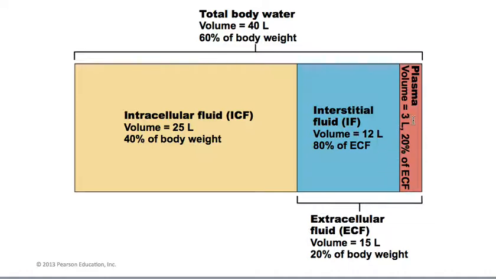And then the other source, which is in red, is the fluid that's in the plasma. There's about 3 liters of body water in the blood vessels. And what I want you to know about this and think about this going forward is this is our bank. When the body enters states of dehydration, we pull from the plasma very often. What that means is you'll have lower amounts of body water in the plasma.